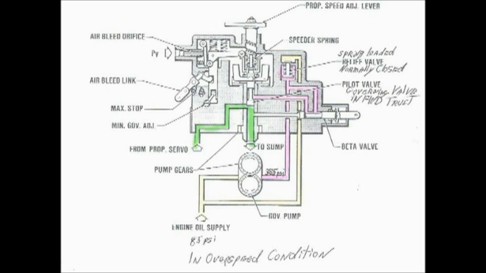The on-speed condition is when engine, propeller, and propeller governor are all at a state of balance, so everything will be equal. Our overspeed condition, which is what we have here in this pneumatic schematic, will occur when the propeller RPM is driven above the prescribed speed.